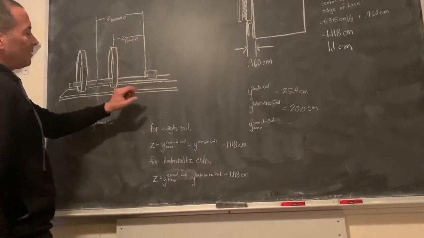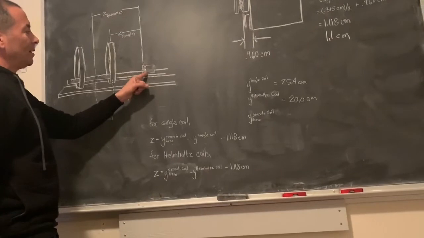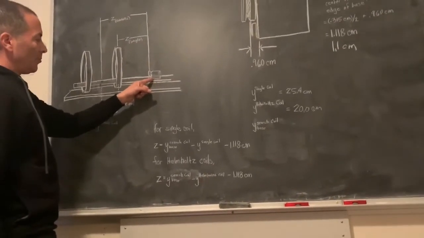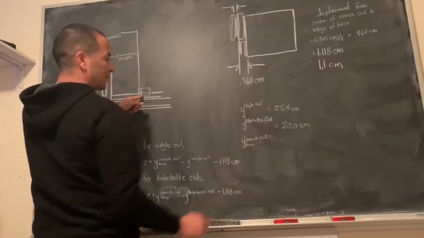So when I'm taking data, I'm looking at the edge of this plastic base and recording that. And that is what I'm calling Y surge coil base.